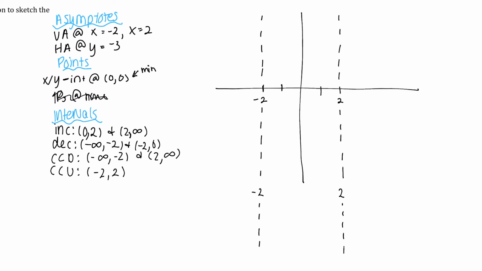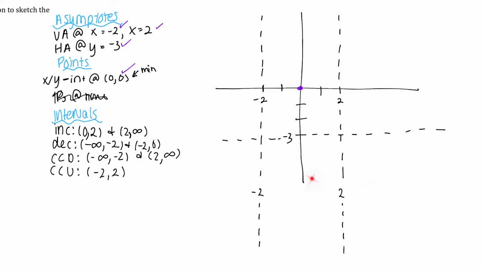We know that we have a horizontal asymptote at negative 3. We have this point (0, 0) that we can plot. So I've plotted these.